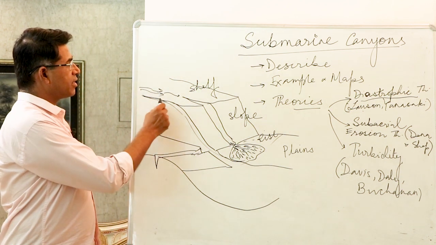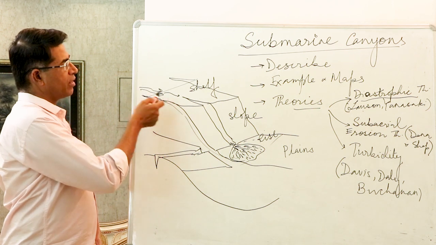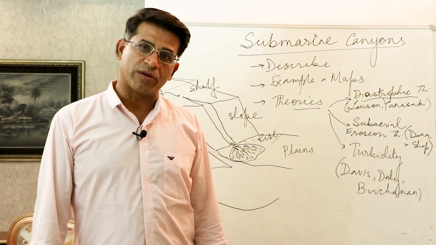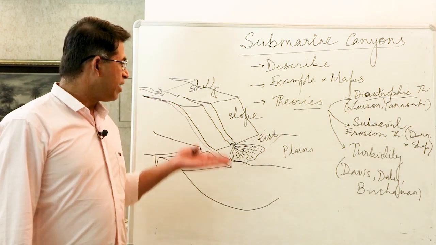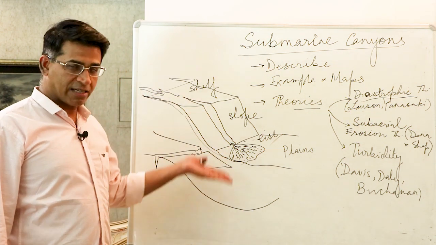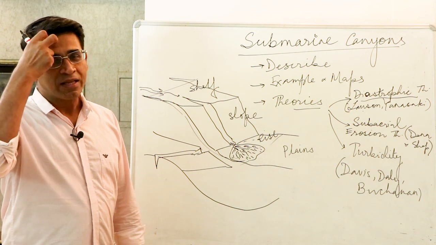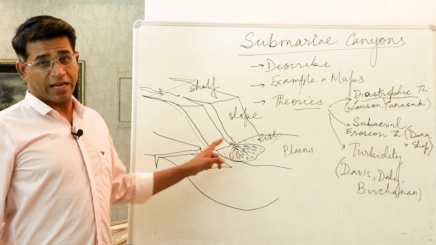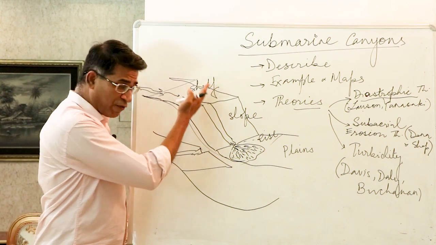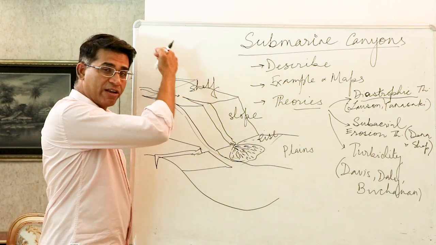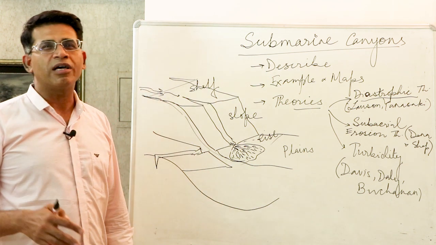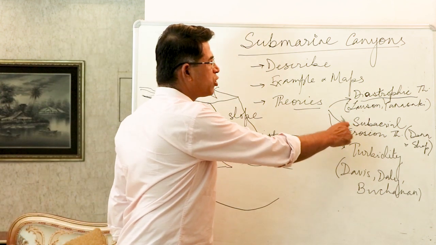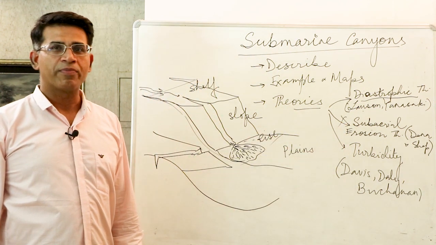So if this is the base level, the sea level, below the sea level, it's impossible for these agencies to erode. And the possibility of marine water level change is ruled out because the canyons exist right up to the floor of the ocean. To say that the entire ocean floor was exposed and the river eroded sounds a bit too exaggerated. So the erosion theory was not accepted.